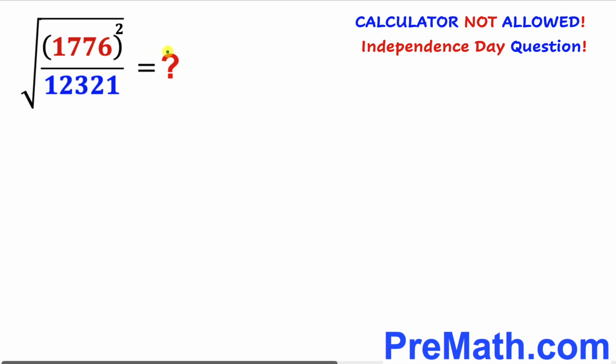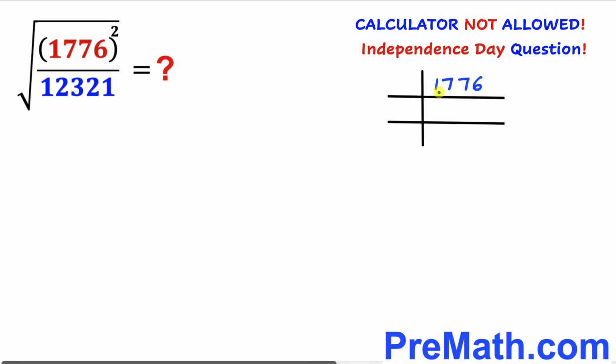Here's our very first step. Let's focus on this part in the numerator, 1776. Here I have put down the year 1776, and now I'm going to break it down. If I divide it by 2, we get 888. Now I'm going to divide by 8, and we get 111.